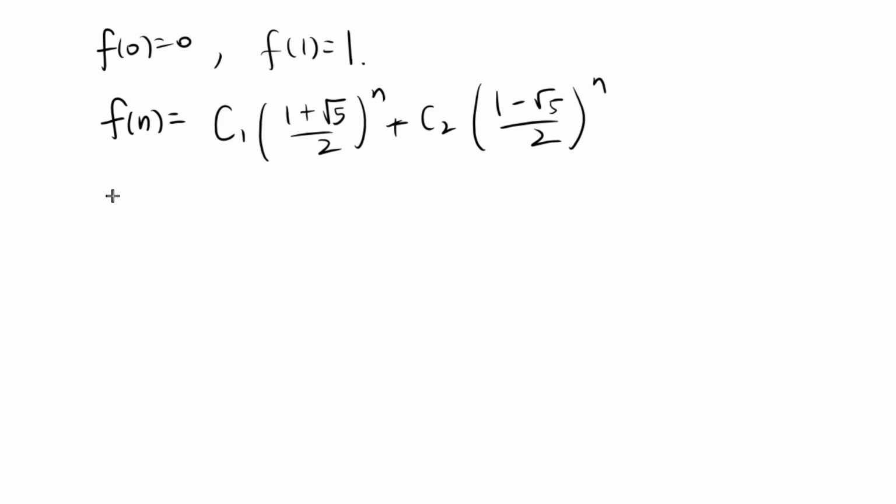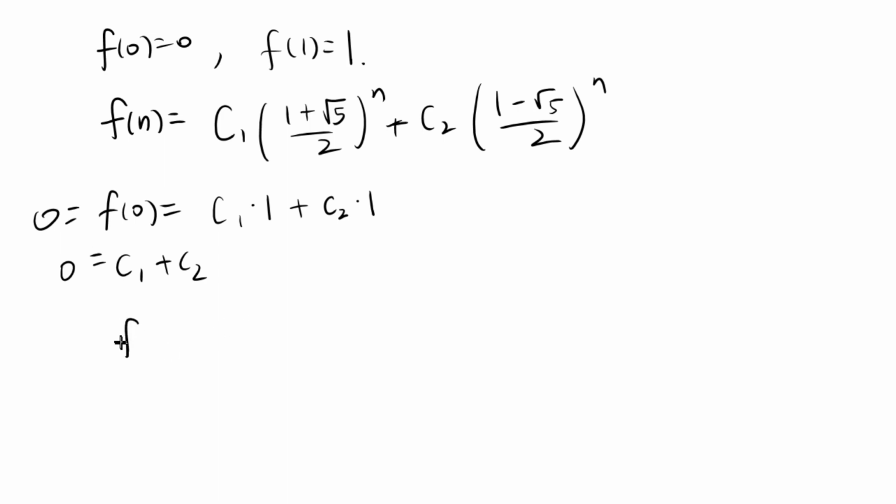Okay, now let's try to plug in n equals 0. That gives you c1 times anything to the 0 is 1, c2 times anything to the 0 is 1 again. And because f of 0 is 0, you end up saying 0 is equal to c1 plus c2. Okay.